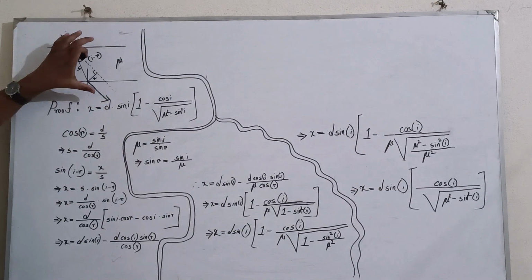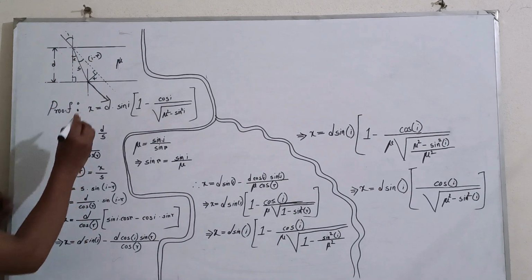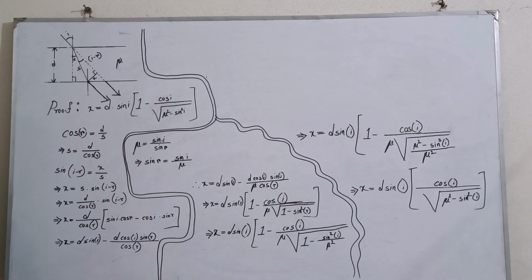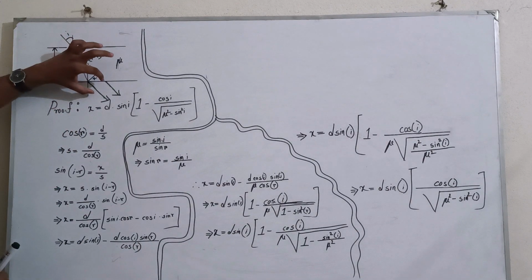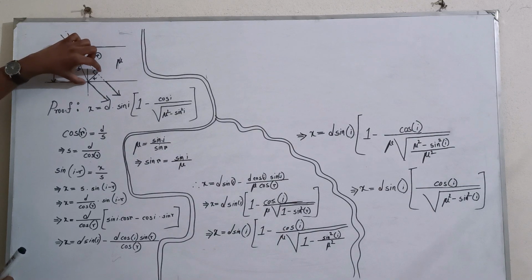Since we have this plate, the light traversed in this path; without this plate, the light would have traversed in this path. So they ask you to find the distance between this path and this path, which we named x.